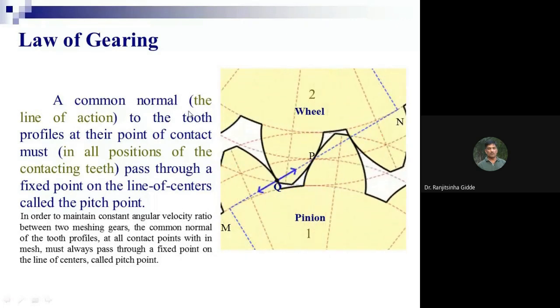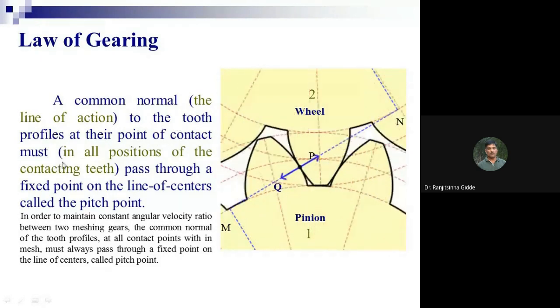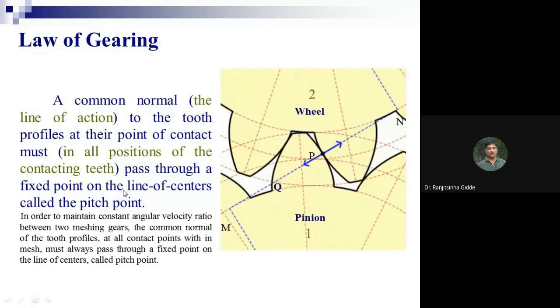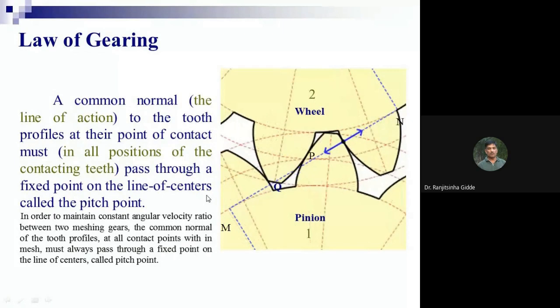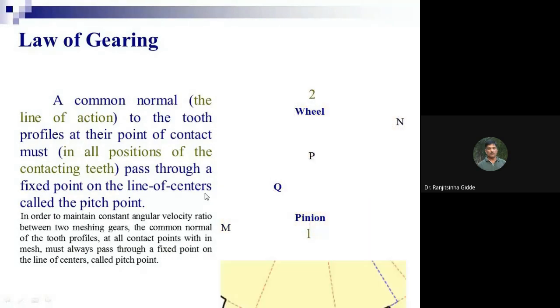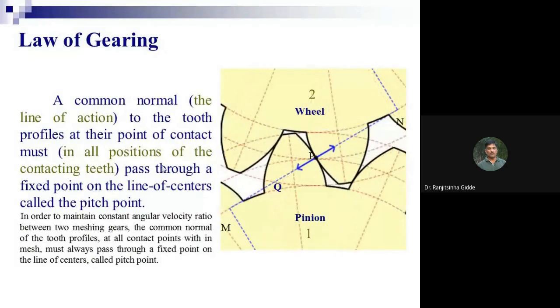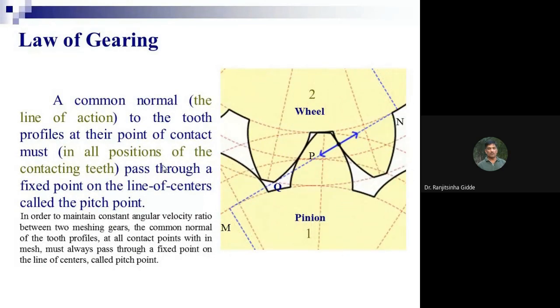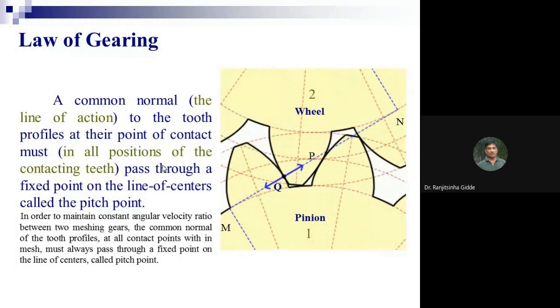So the common normal to the tooth profiles at their point of contact must pass through a fixed point on the line of centers called the pitch point. This is the law of gearing, sometimes also called the law for correct gearing or the condition for correct gearing.